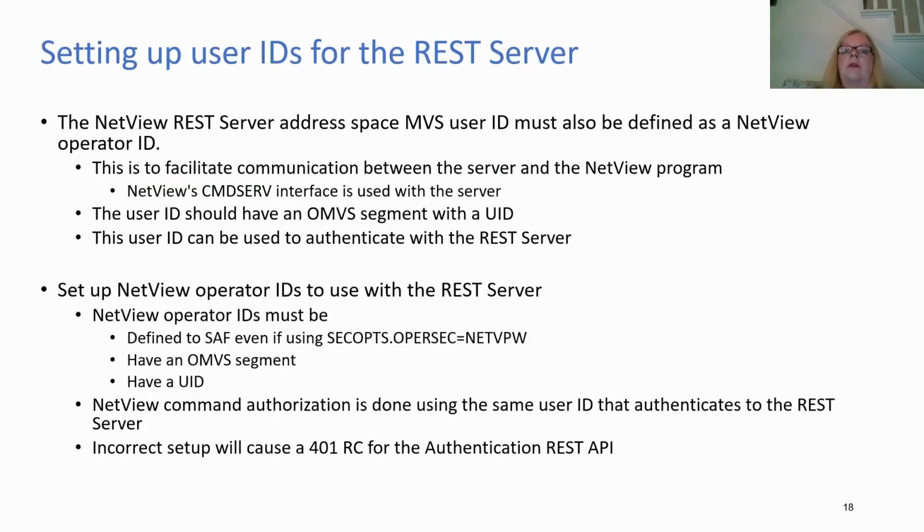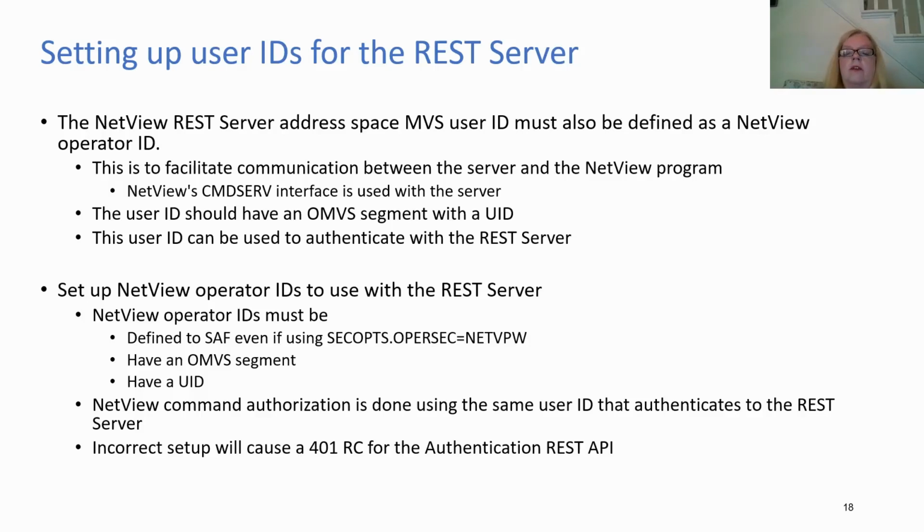Okay, so setting up user IDs for the REST server. This is one that often gets missed and wasn't documented really clearly initially. So the REST server address space MVS user ID must also be defined as a NetView operator ID. And the reason for this is to facilitate communication between the server and the NetView program. And the NetView command server interface, like I mentioned before, is used with the server.